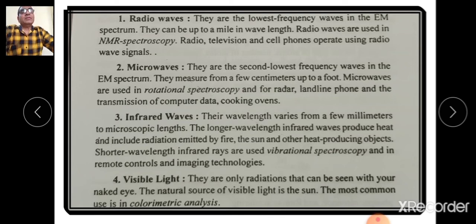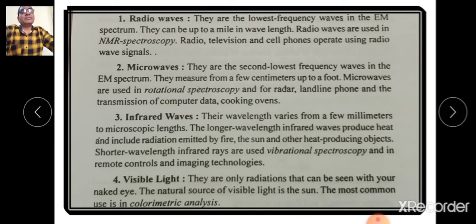Then the next variety is visible light, which is seen by our eye. Visible light, the natural source is of course the sun. The visible light contains 7 colors.